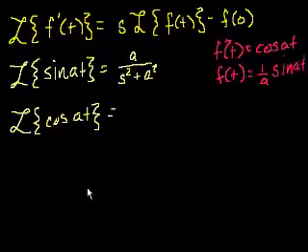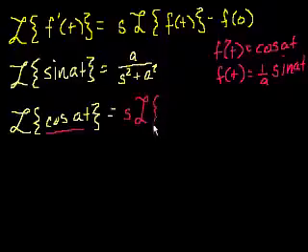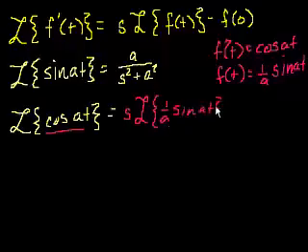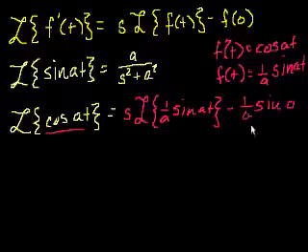So, if this is f prime of t, then that is equal to s times the Laplace transform of its antiderivative, or 1 over a sine of at, minus the antiderivative evaluated at 0, minus 1 over a sine of a times 0. Well, sine of 0 is 0, so this whole term goes away.